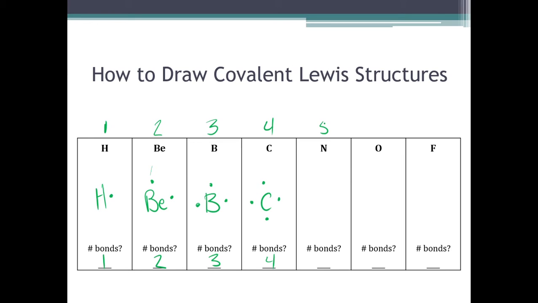Nitrogen is in group 5, which means it has 1, 2, 3, 4, 5 valence electrons. So you might be tempted to say it can form up to 5 bonds, and sometimes elements with 5 valence electrons can do that. We'll see that in a little bit. However, nitrogen only has 3 single electrons.